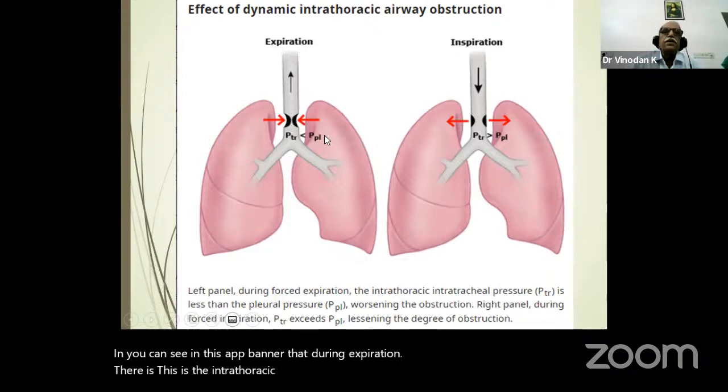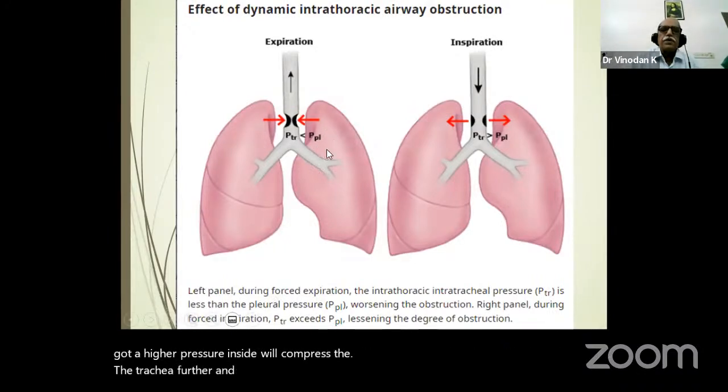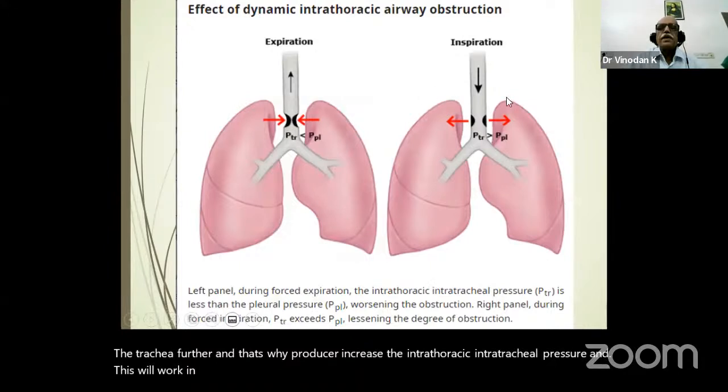During expiration, the lung, which has a higher pressure inside, will compress the trachea further, and thereby increases the intratracheal pressure, and this will worsen the obstruction. Whereas during inspiration, it pulls it slightly away, and that way the obstruction is relieved.